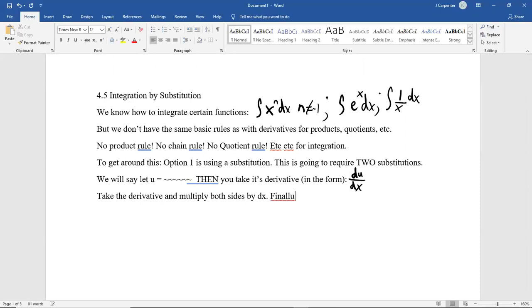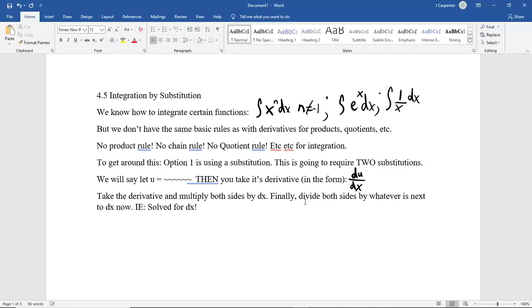Finally, divide both sides by whatever is next to dx now. In other words, you have taken what was du over dx and you've solved for dx. That is what we have done.